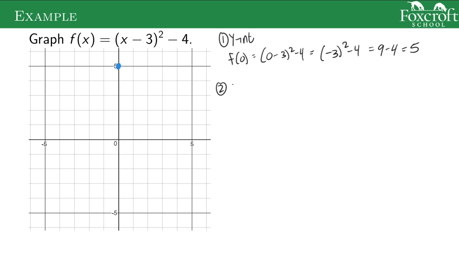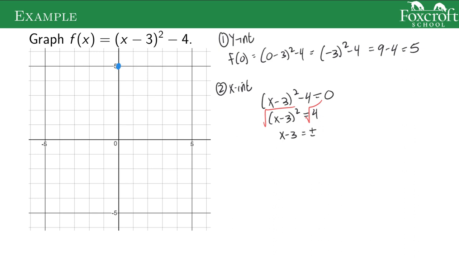Step 2 is my x-intercept. I take my equation and I set it equal to 0. And now I have to solve this equation. This is where all our different strategies for solving quadratics are useful. Here I recognize I can use square roots. So I'm going to add 4 to both sides. I'm going to use square roots to cancel out the exponent.